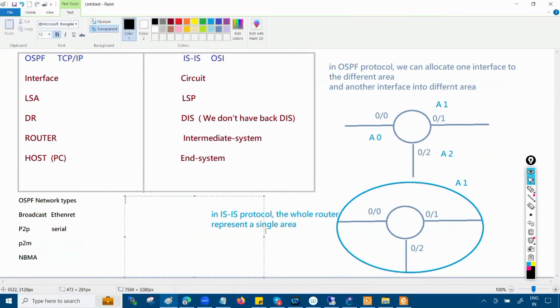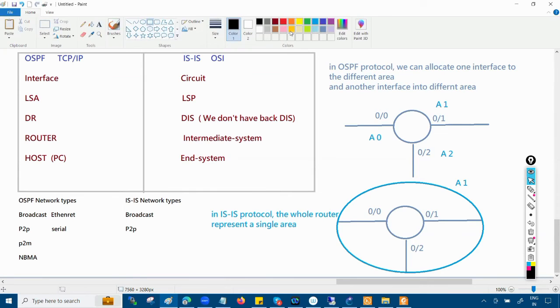But if I talk about the ISIS protocol, we have broadcast and point-to-point. Only 2 types of network we have.